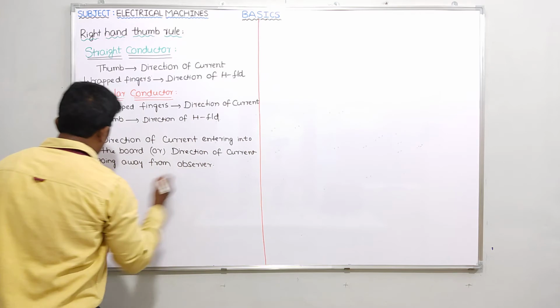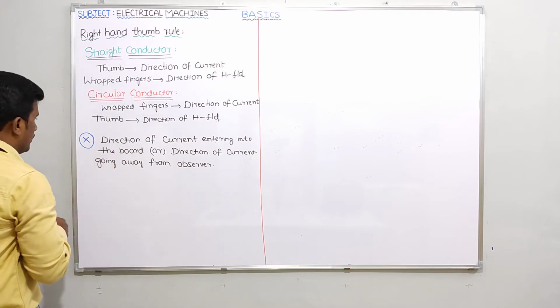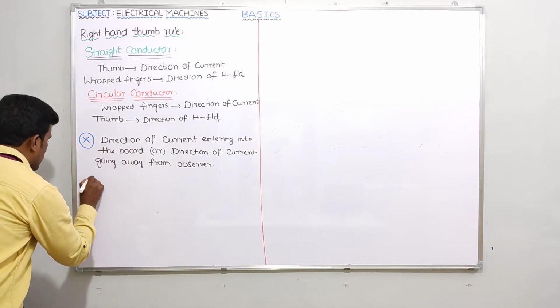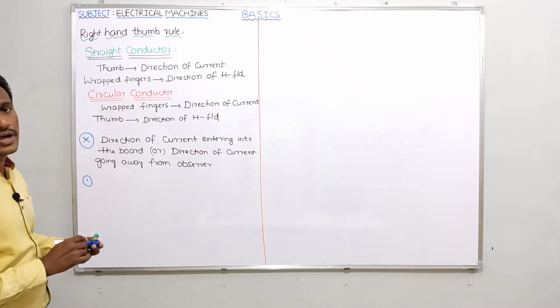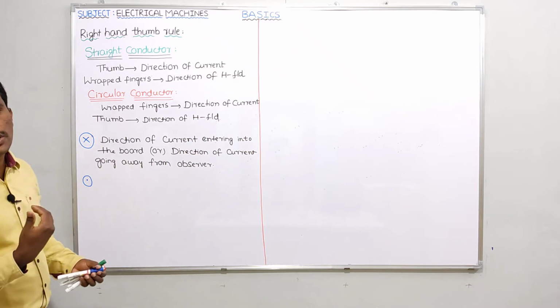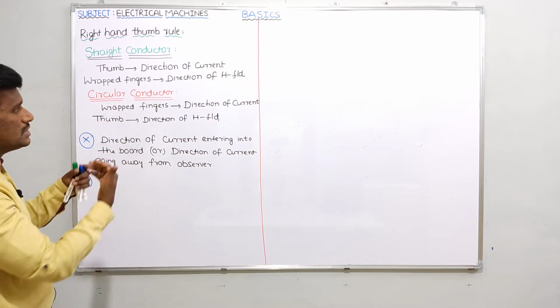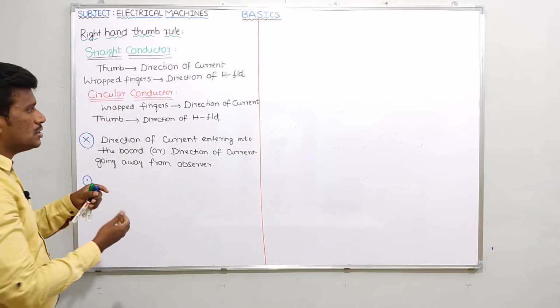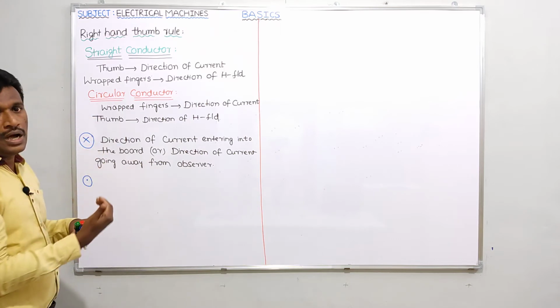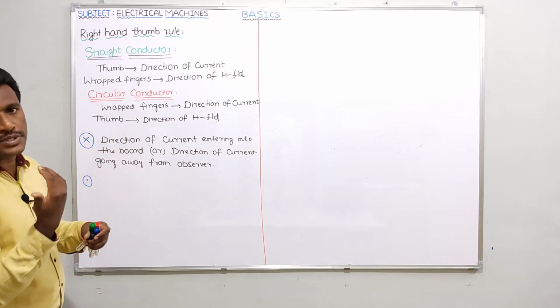Is it clear? Now what about dot? Dot indicates direction of current coming from the board. Coming from the board is nothing but coming towards me, right? Therefore, direction of current coming from the board, or direction of current coming towards the observer. Is it clear?